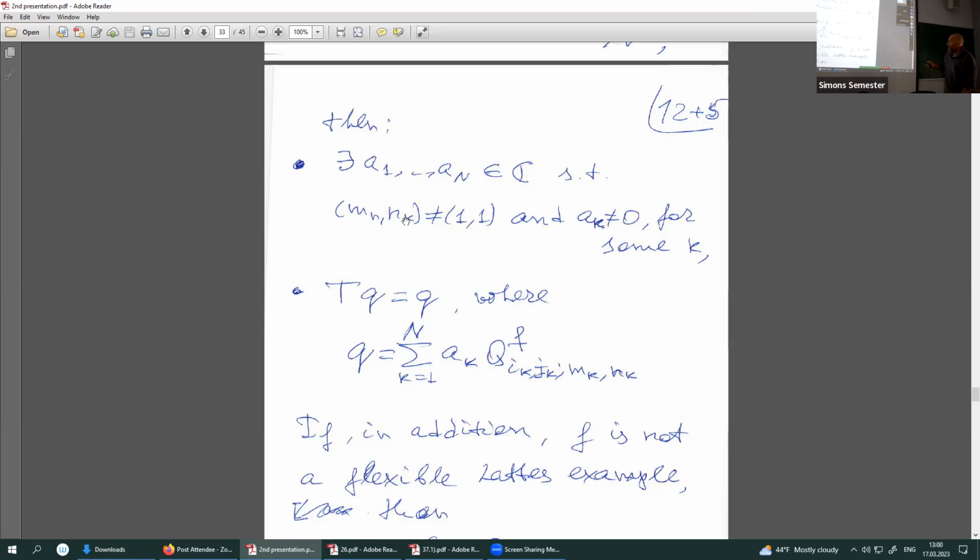And the theorem says that this non-trivial linear combination of these quadratic differentials, which are not all zeros, is a fixed point of this Ruelle-Thurston transfer operator corresponding to the function f.